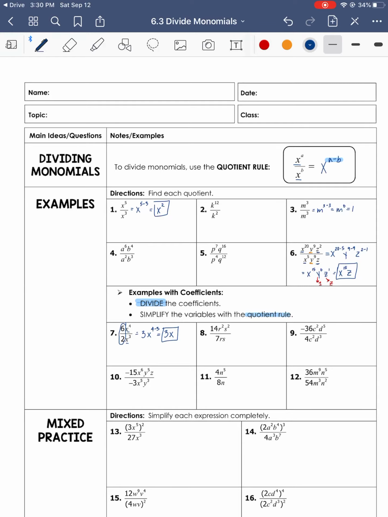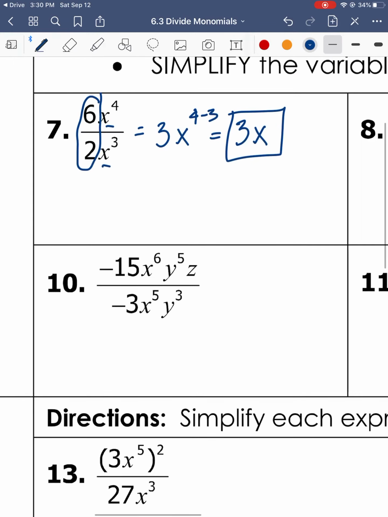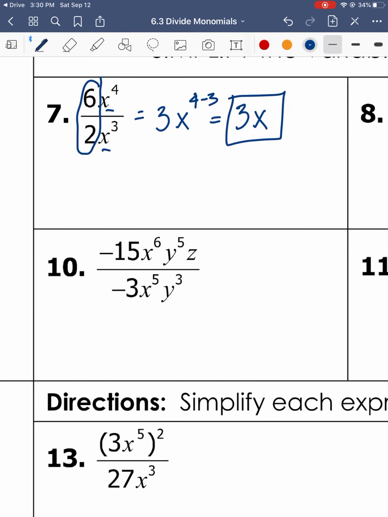Let's look at a little more complicated one. For number 10, we have negative 15 x to the 6 y to the 5th z over negative 3 x to the 5th y cubed. So a couple things to look at. We're going to look at dividing these numbers first.